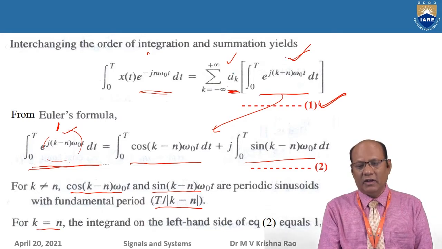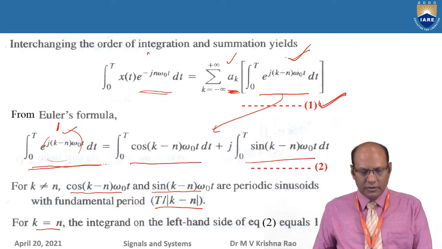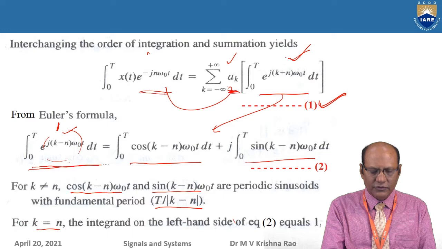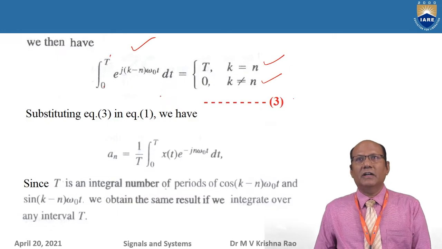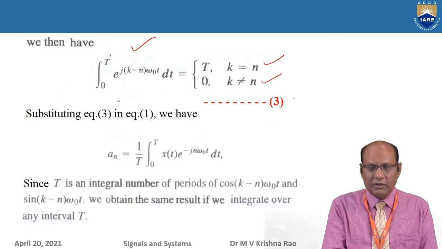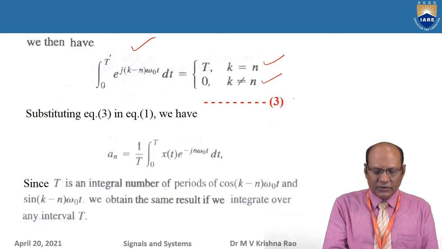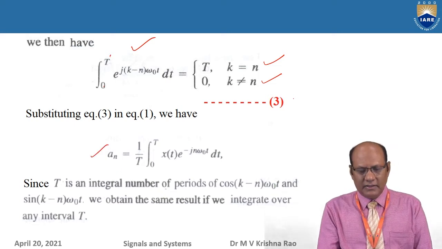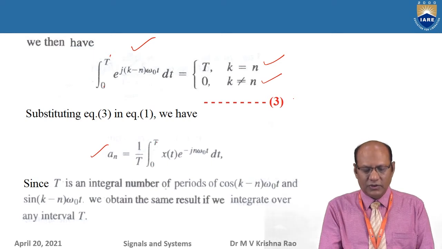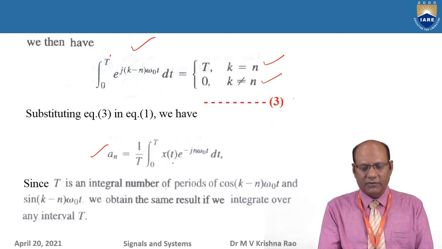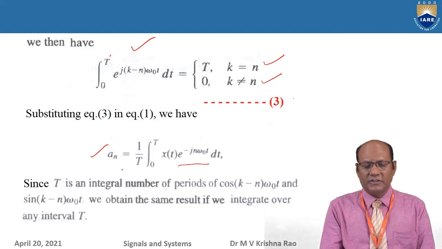So a_n equals this term, because T is there, this T will come to this side. So a_n equals 1 by T times the integration between 0 to T of x of t multiplied with the nth basis function.